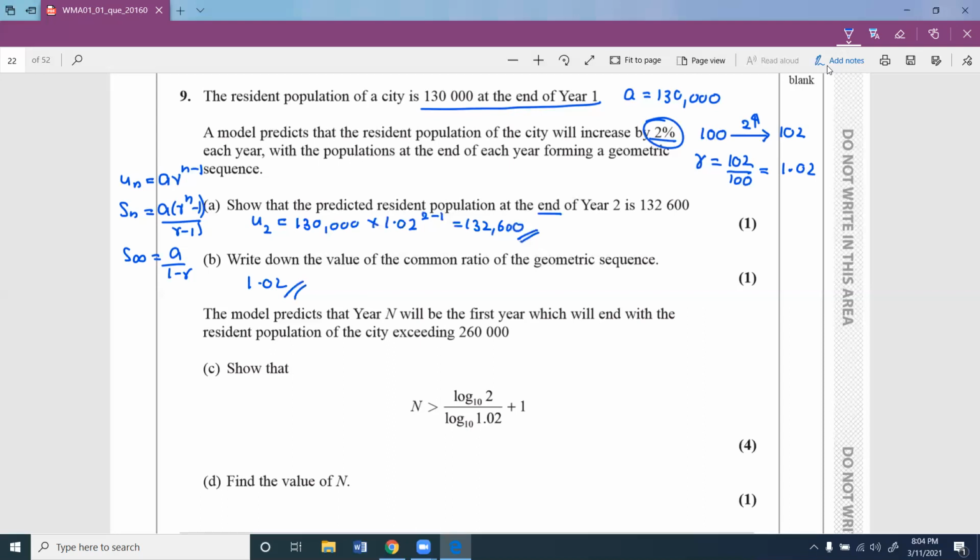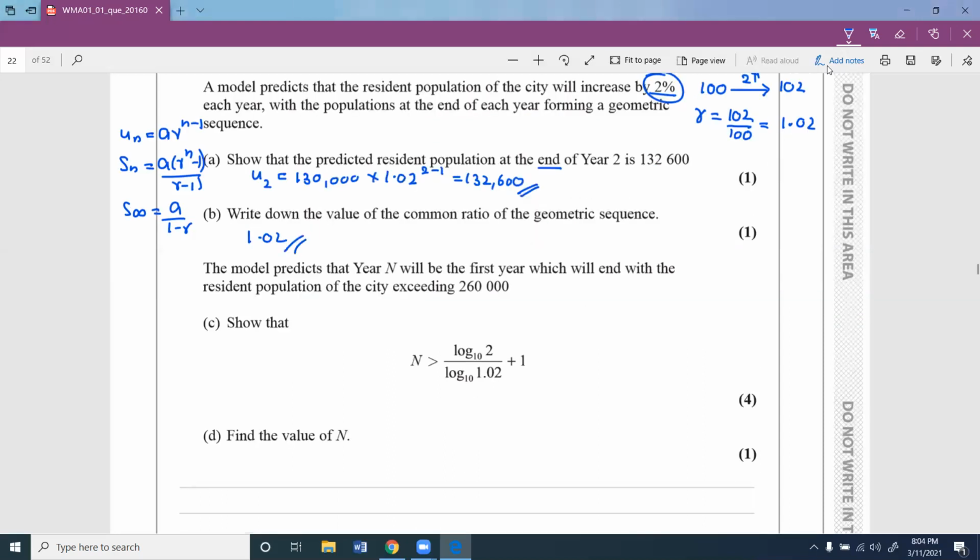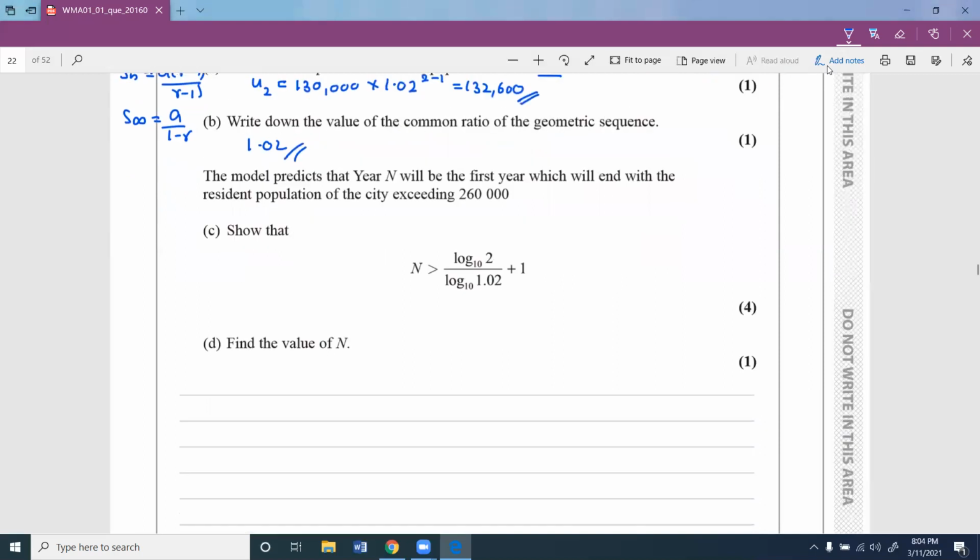The model predicts the year end would be the first year which ends up with the population exceeding 260,000. That means Un is greater than 260,000. Then you can write Un: A is 130,000 at the beginning.